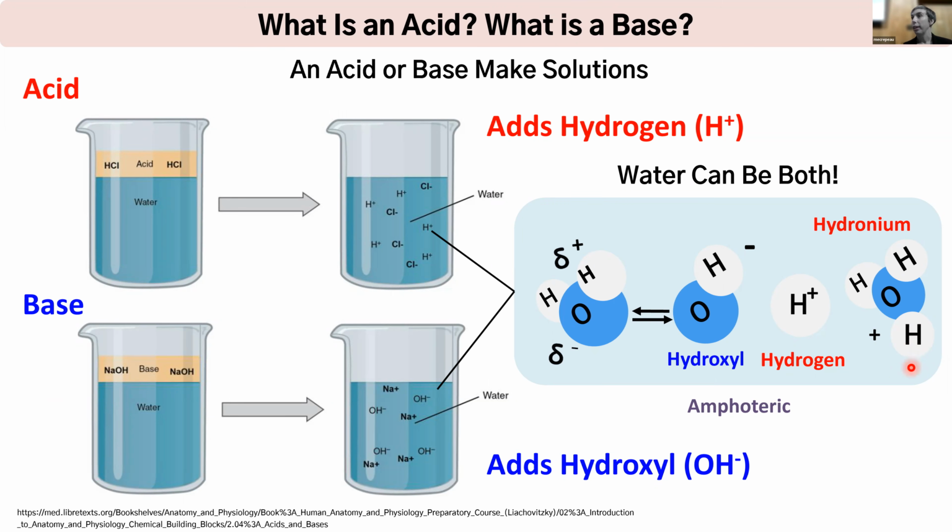Hydronium, for all intents and purposes, also functions like a hydrogen ion, so it also denotes an acid. These can exist basically simultaneously at the same time. A material that can act as both an acid and a base is known as amphoteric. That's a fun little vocabulary word for you to remember. Amphoteric means that it can act as both an acid or a base, water being the most prevalent one here on planet Earth.